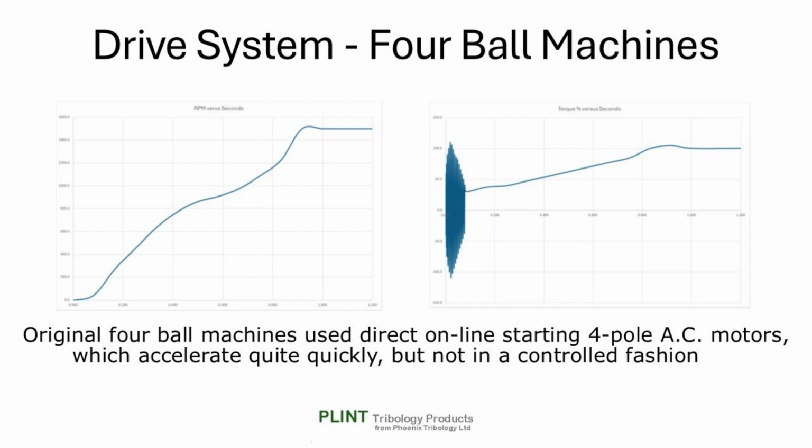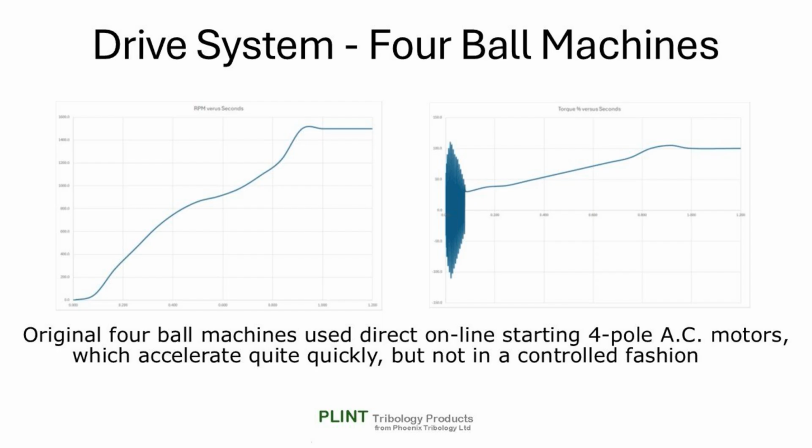The original 4-ball machines used direct online starting 4-pole AC motors, which accelerate quite quickly, but not in a controlled fashion. It was never considered necessary to determine how different AC motors might accelerate at the start of a test, or to compare their performances.